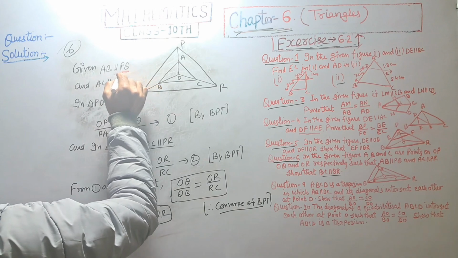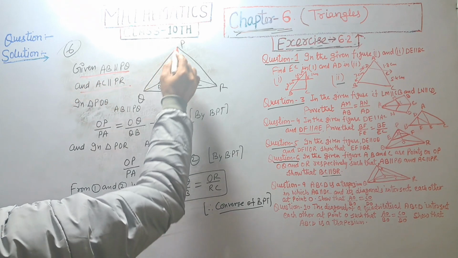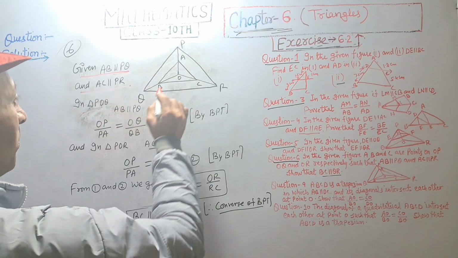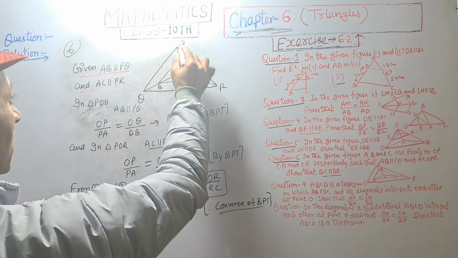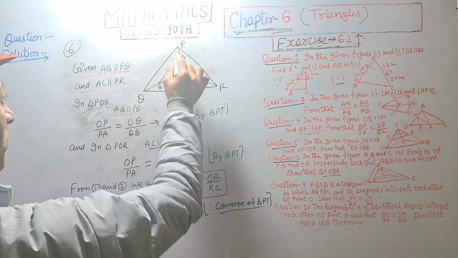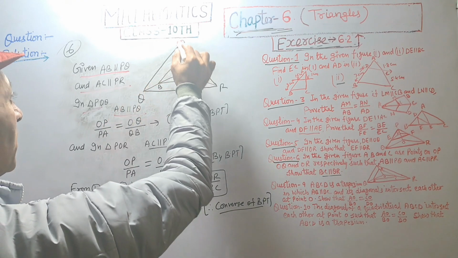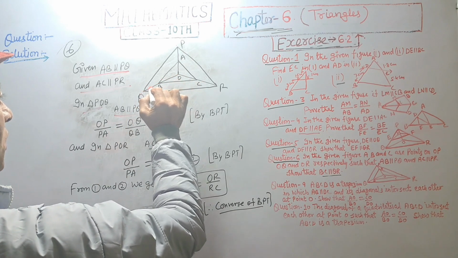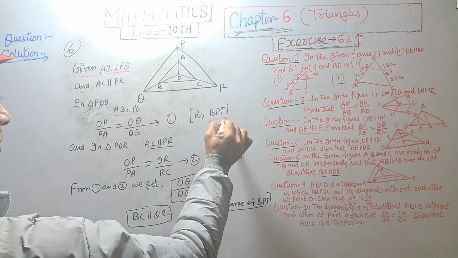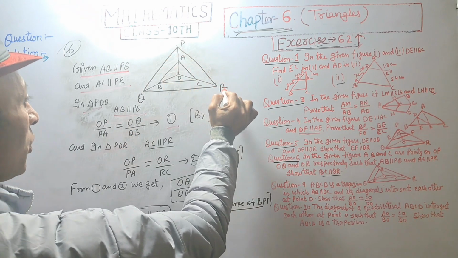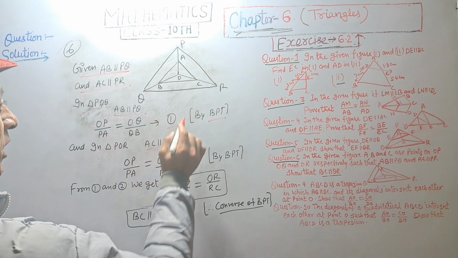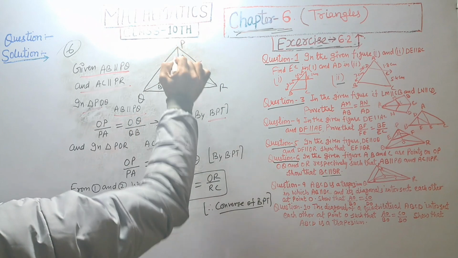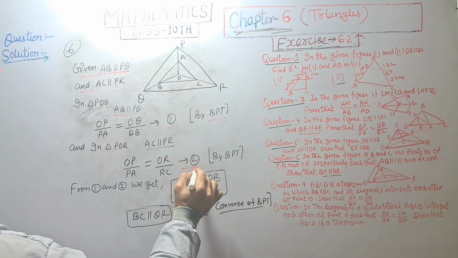We have given AB is parallel to PQ and AC is parallel to PR in triangle PQR. In triangle POQ, AB is parallel to PQ, OP upon PA is equal to OQ upon QB. It's equation first by BPT. Similarly, in triangle POR, AC is parallel to PR, then OP upon PA is equal to OR upon RC, equation second by BPT.